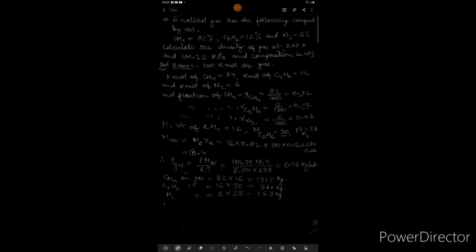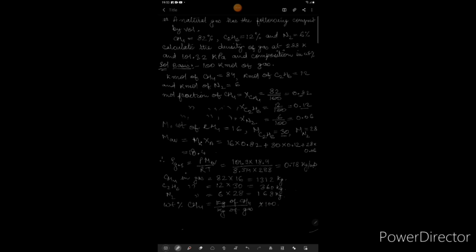So weight percent of CH4 equal to kg of CH4 divided by total kg of gas into 100.